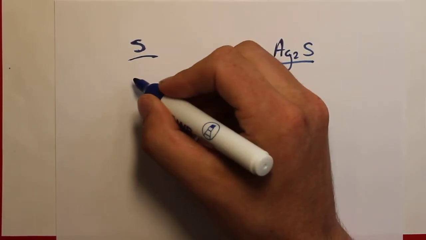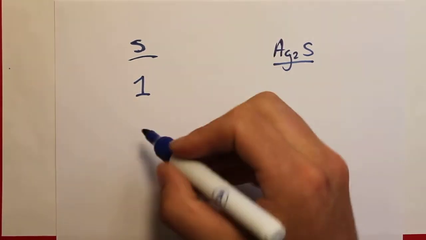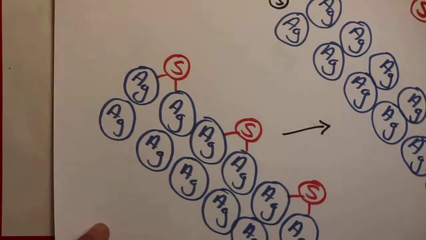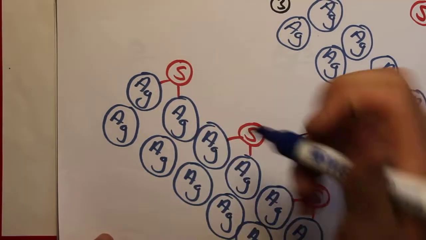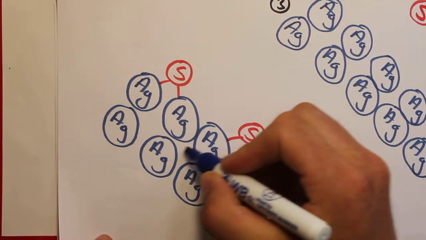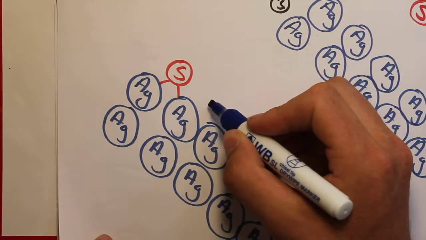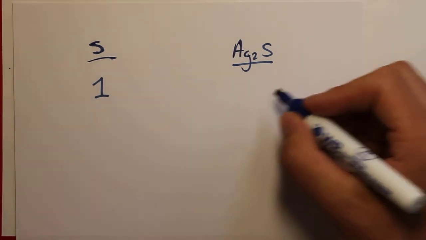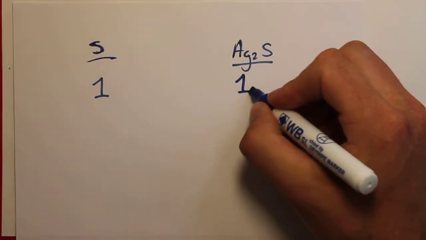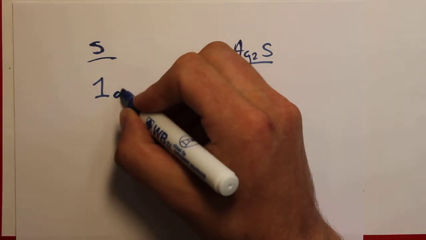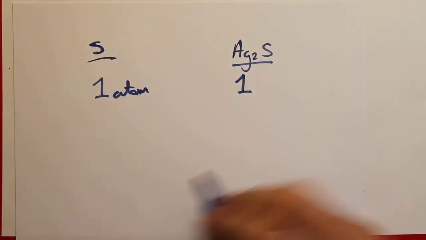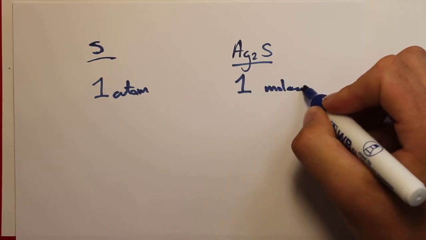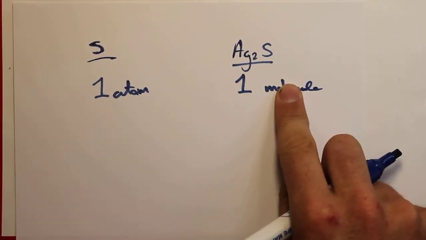So for every 1 atom of sulfur that we remove, we're taking with it 2 silver atoms, but also 1 silver sulfide molecule. So for every 1 atom of sulfur, we're going to be taking 1 molecule of silver sulfide.